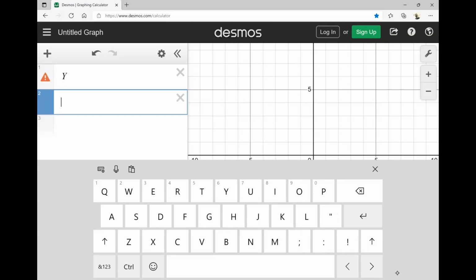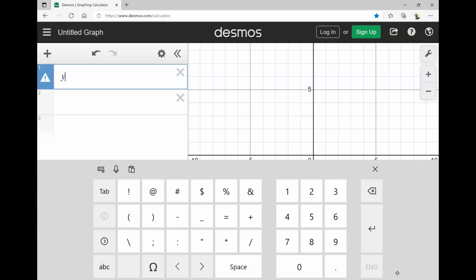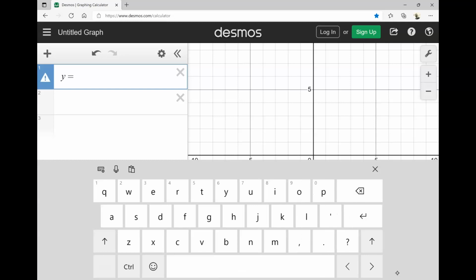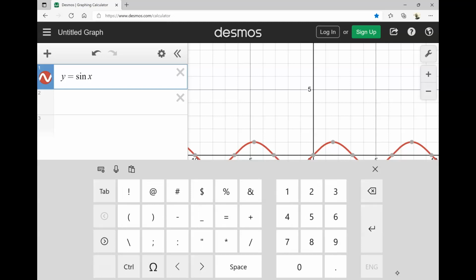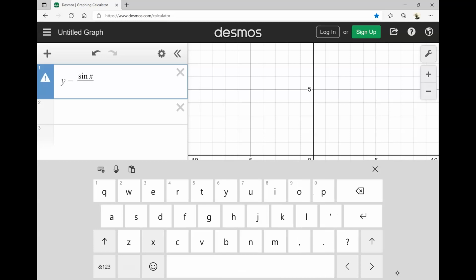I don't think it would make a difference, but y equals sine x, oops, come on, Robert. I don't have a keyboard, that's why I'm sine x over x.